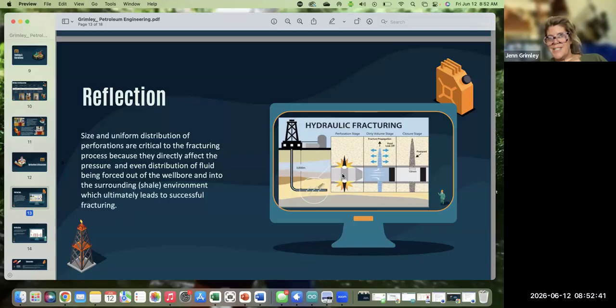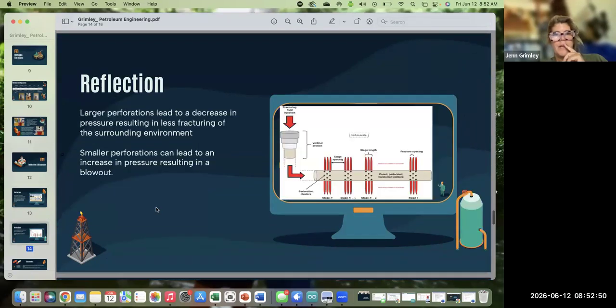And in the image, you can see that they have the perforations, and when the fluid is forced, it goes out into the surrounding environment.